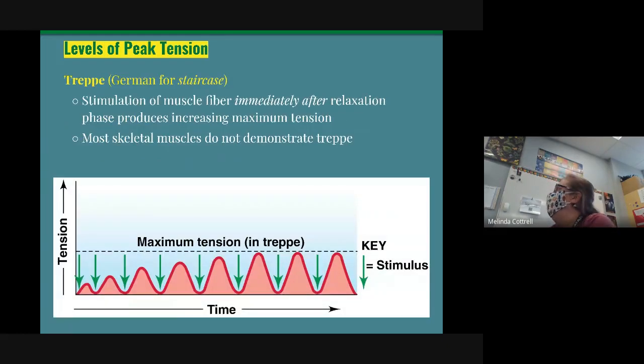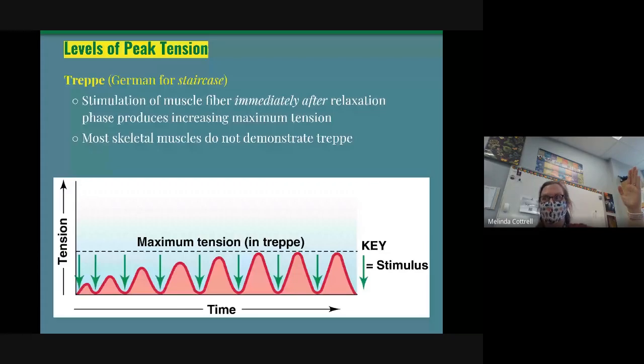We're going to start with treppe. Treppe is when you have relaxation between stimuli. Imagine one of these being that latent period, contraction, and relaxation from the last page. Now let's put a bunch of those together to demonstrate tension.